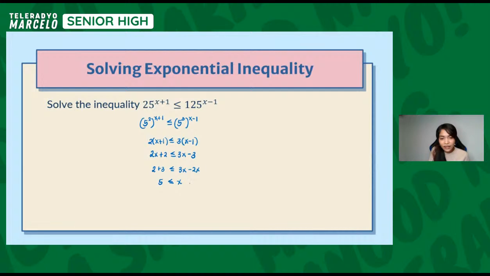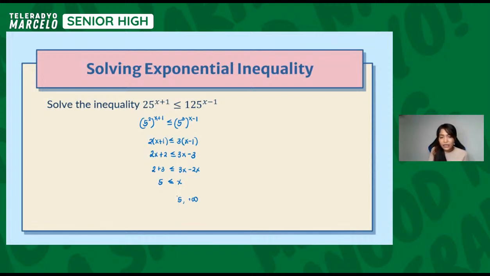Meaning to say, in set notation, the smallest value that the x variable can take here is 5. So meaning to say, from 5 up to positive infinity yung pwedeng i-take na value ni x that will satisfy this inequality.